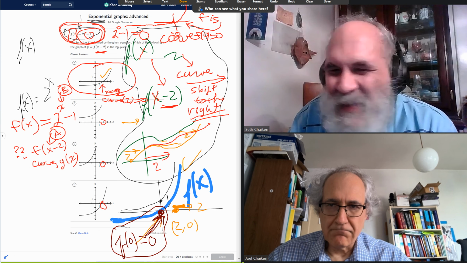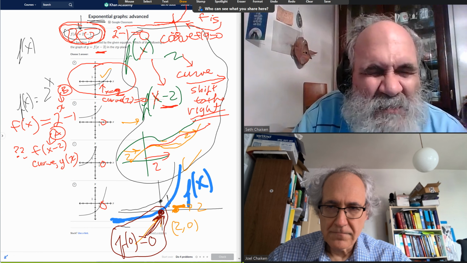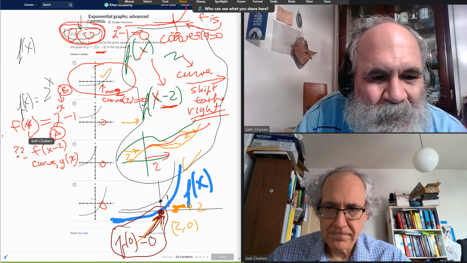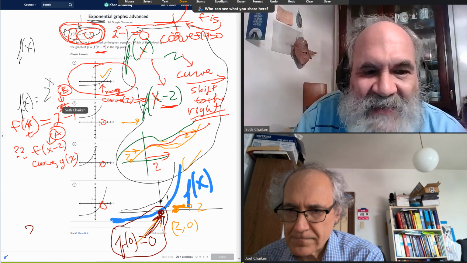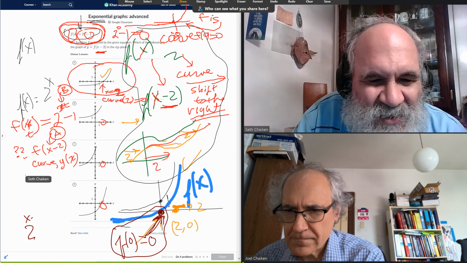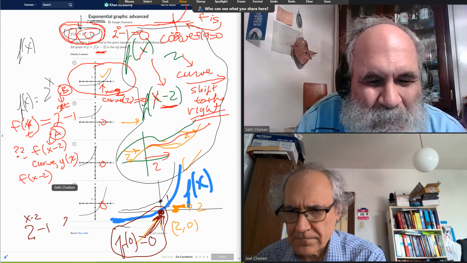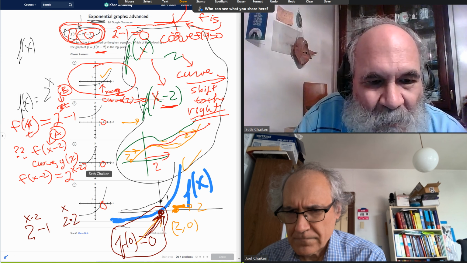This one could better have been written f of t equals 2 to the t. And then the curve that we're interested in, as x varies, would have the formula 2 to the x minus 2, minus 1.